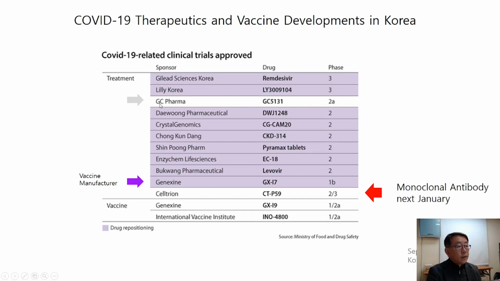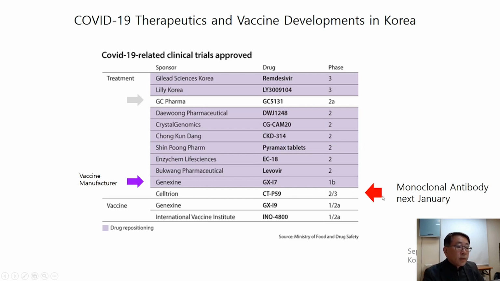Actually, GC Pharma in Korea is good at developing all kinds of virus vaccines. But I don't know what happened between GC Pharma and the government, and why the government chose Genexin instead of GC Pharma. That's one thing I don't understand. Anyway, the Genexin vaccine will be available next fall, which is not sure yet.